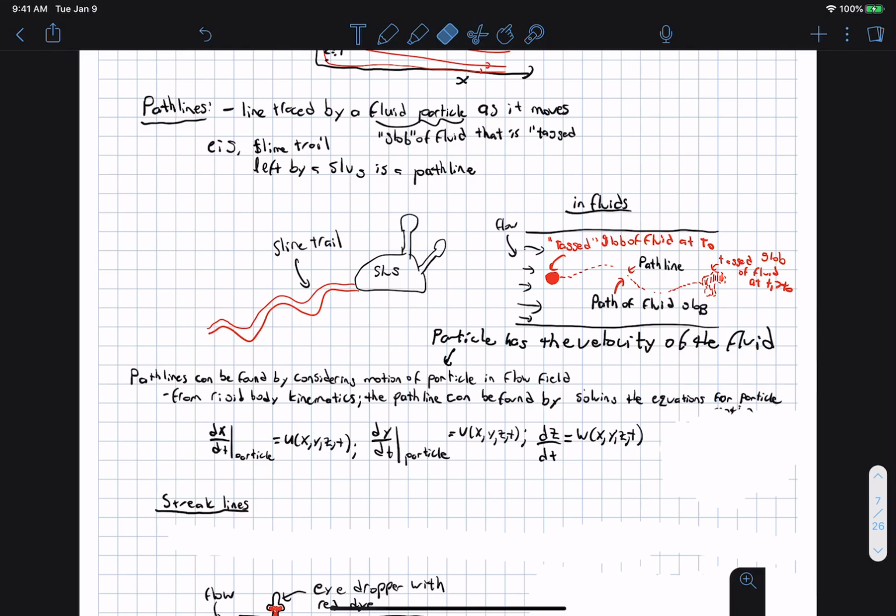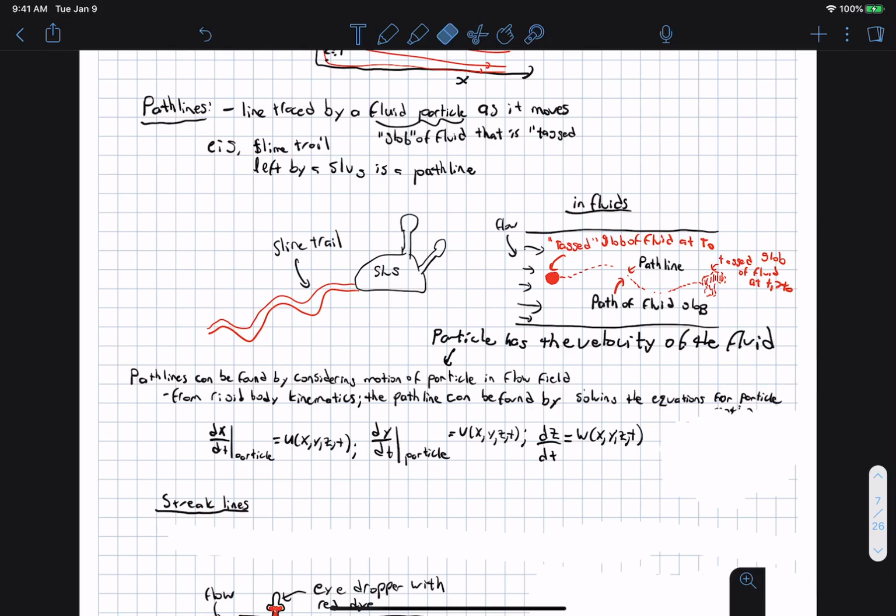So for that, since we're defining for the path line that the fake fluid particle is moving with the fluid velocity, we know that the time rate change of x position of that particle is given by the x component of the velocity field, and the change in y of the particle with respect to time is equal to v, and the change in z with respect to time for the particle is given by w.